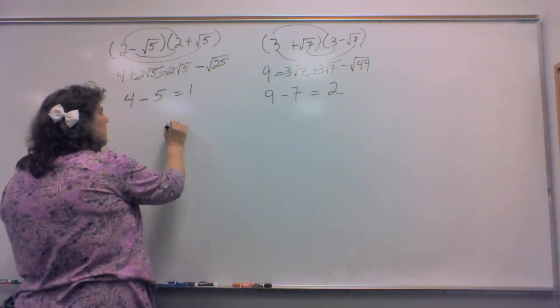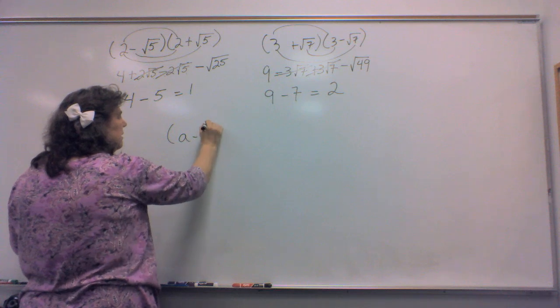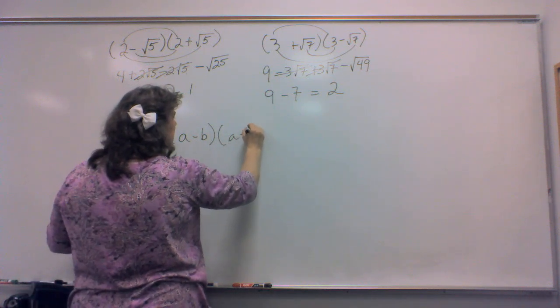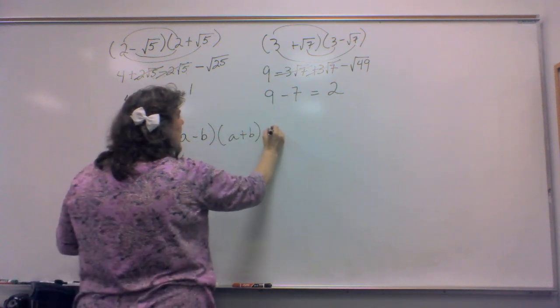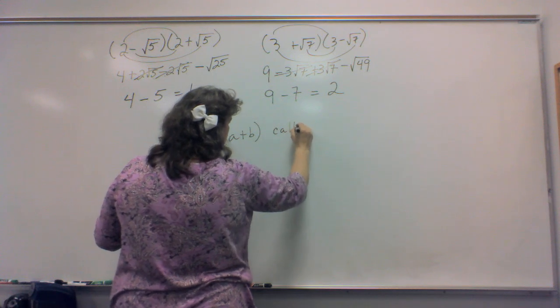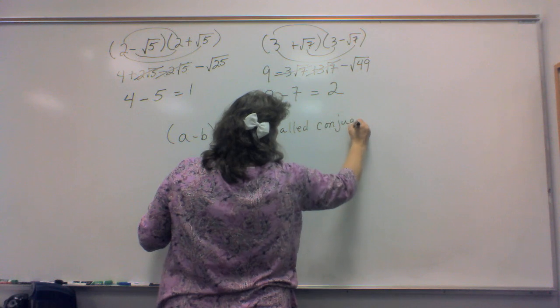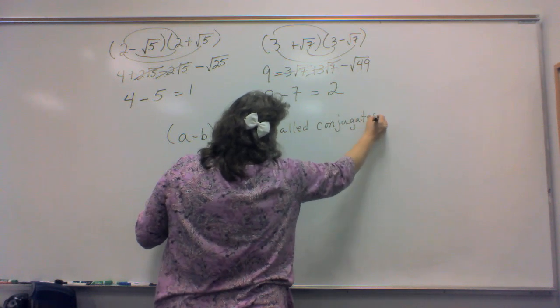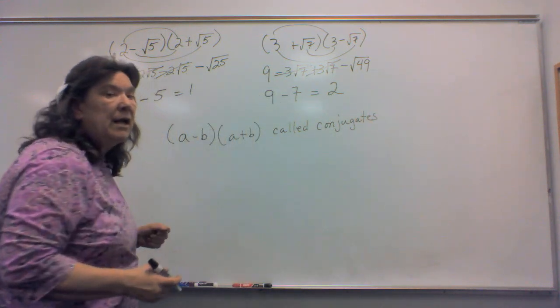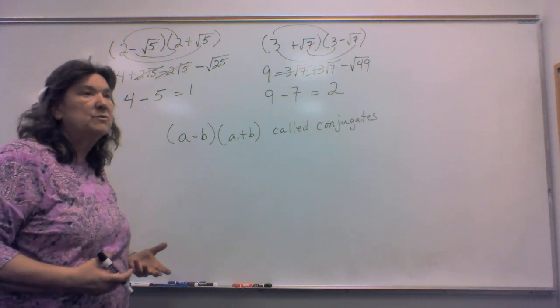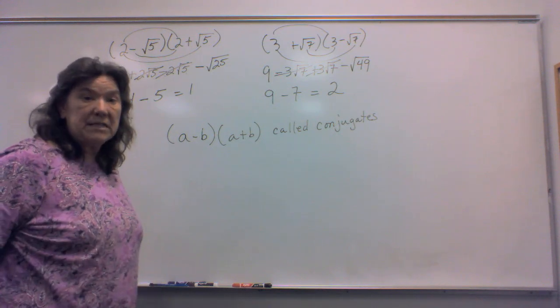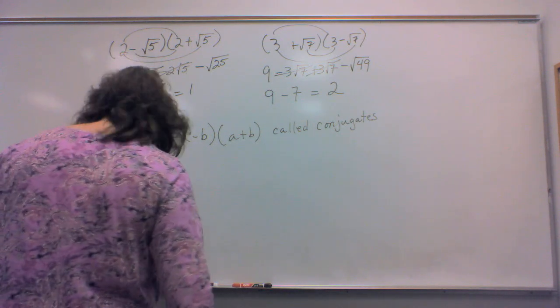When you have a minus b times a plus b, these are called conjugates of each other. And we're going to have conjugates with radicals, and we'll also do conjugates with imaginary complex numbers, which we're coming to later. Okay?